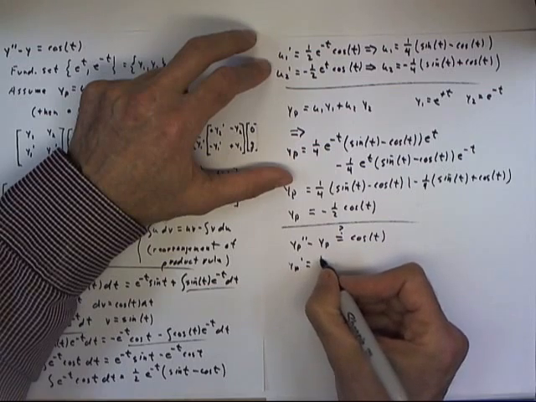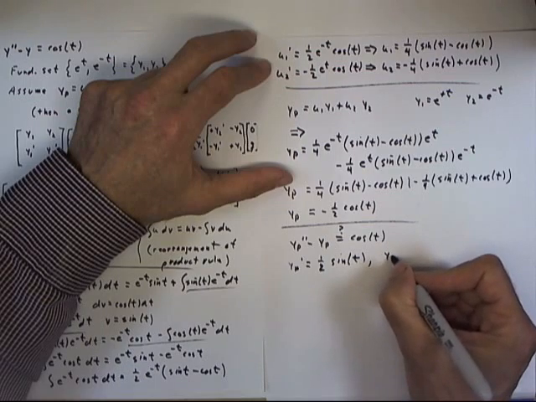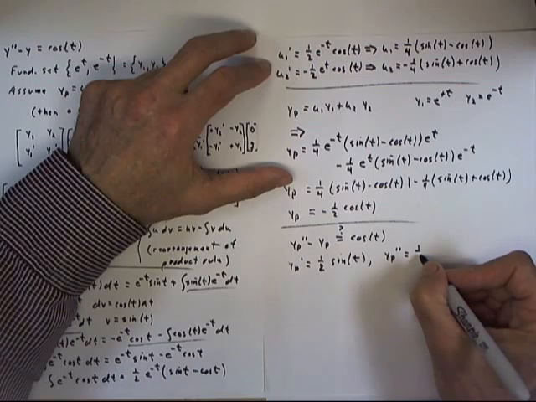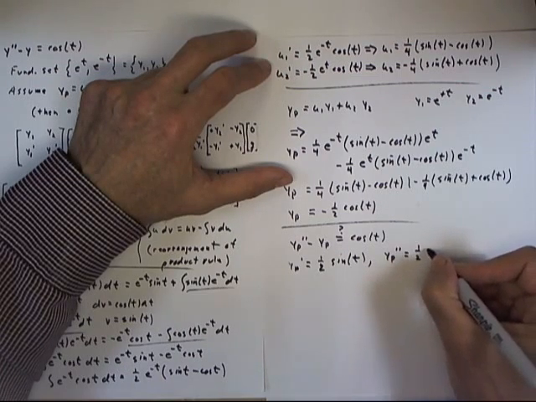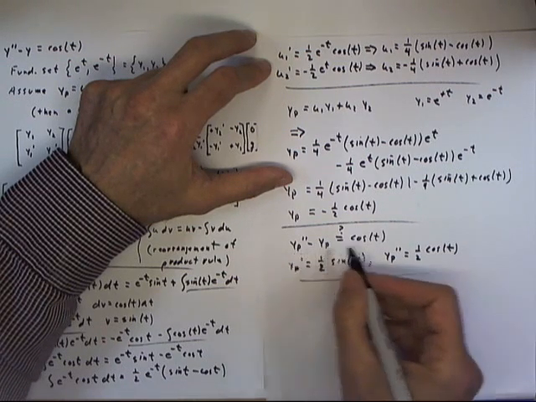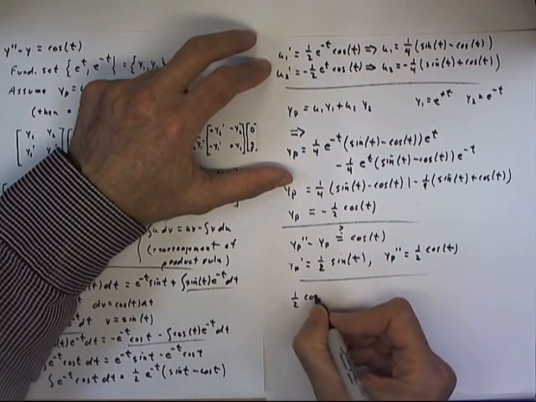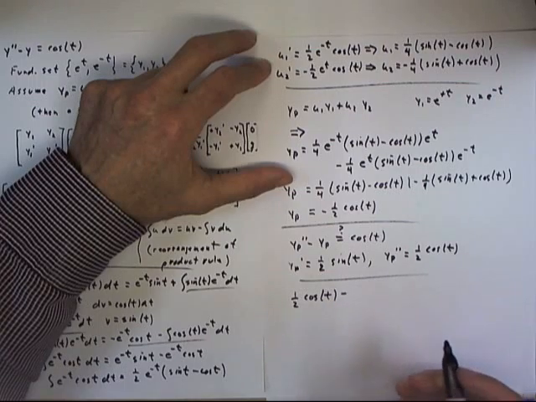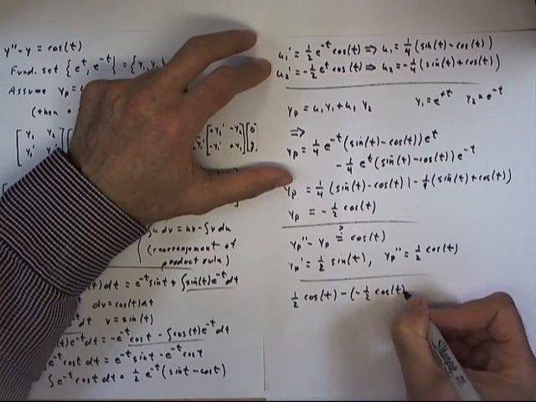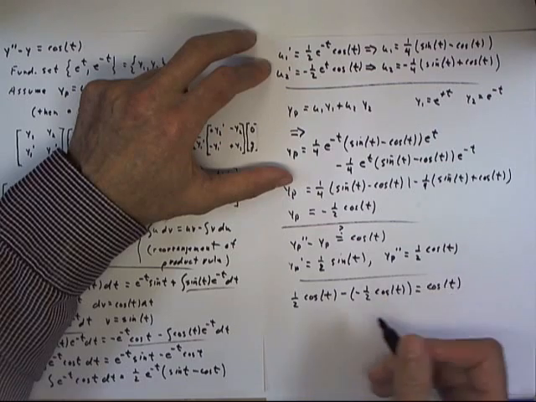yp prime equals 1/2 sine of t, so that yp double prime equals 1/2 cosine of t, and we get yp double prime, 1/2 cosine of t, minus yp, which is minus negative 1/2 cosine of t, equals cosine of t.